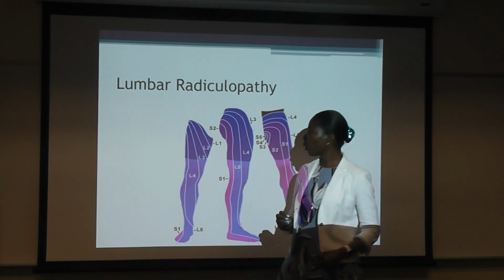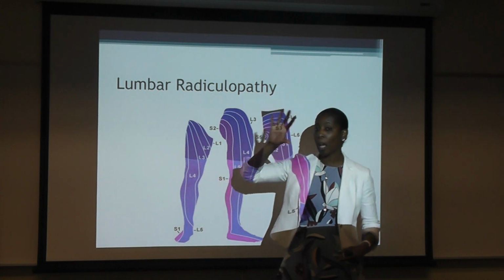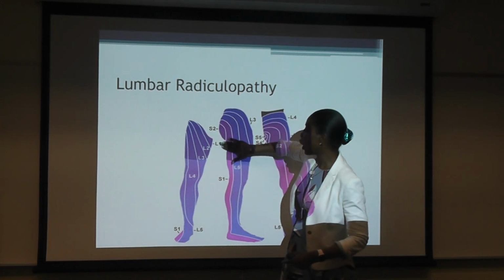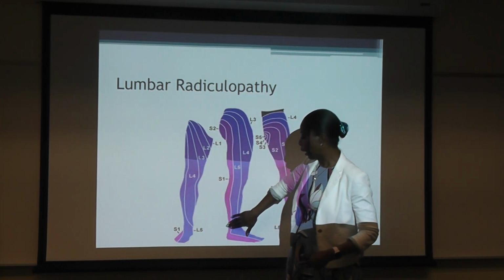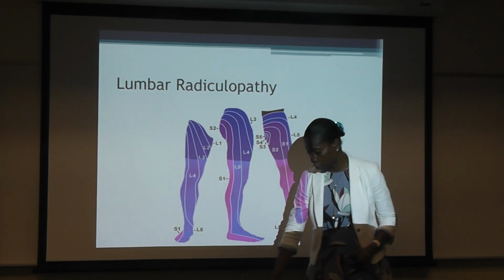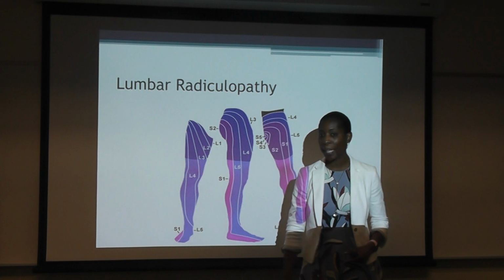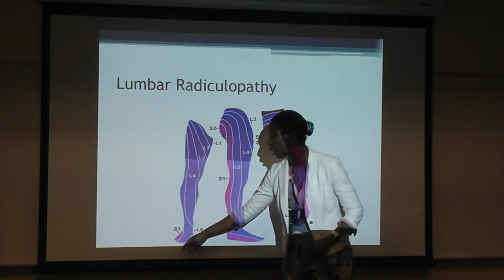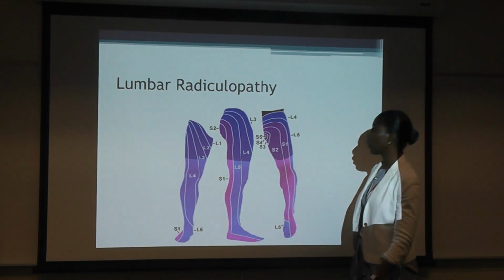And then S1, remember we said we didn't have any more fingers. It's the posterior aspect of the leg and comes all the way down to the lateral aspect of the foot, with just the pinky toe involved, if you look at it here, okay? So that's what you're going to do.